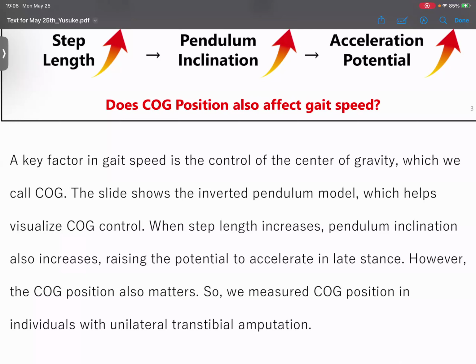However, the COG position also matters. So we measured COG position in individuals with unilateral transtibial amputation.